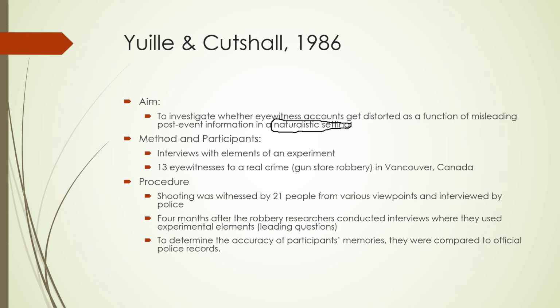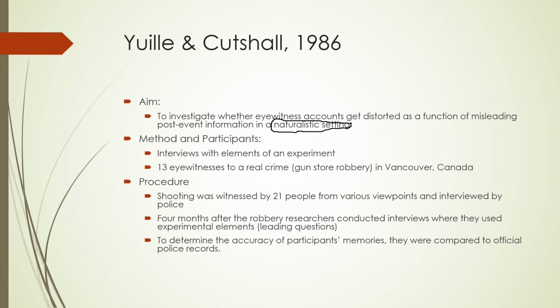This is an actual crime that took place that 13 eyewitnesses to this gun store robbery in Vancouver, Canada, actually witnessed. So the thought process was potentially there may be more of an emotional tie to this, and that it may change their memories of the events to make it more accurate.